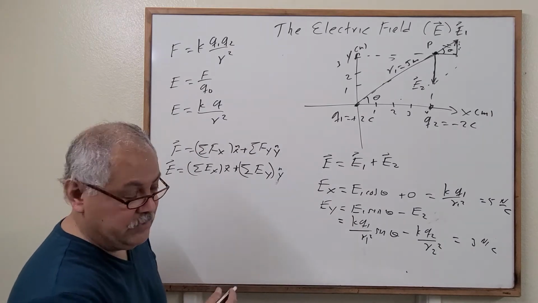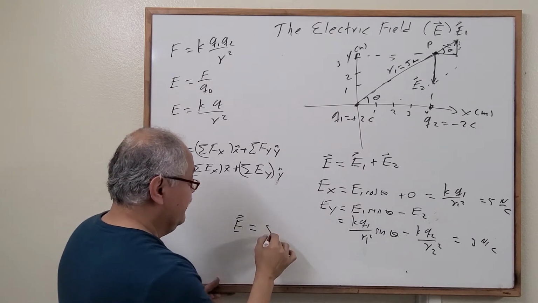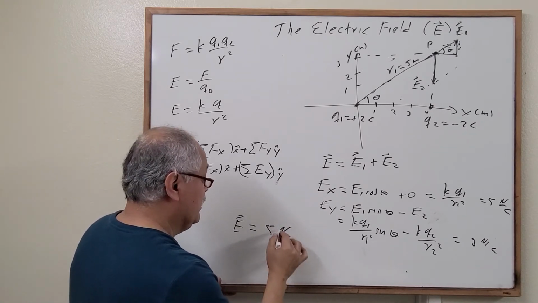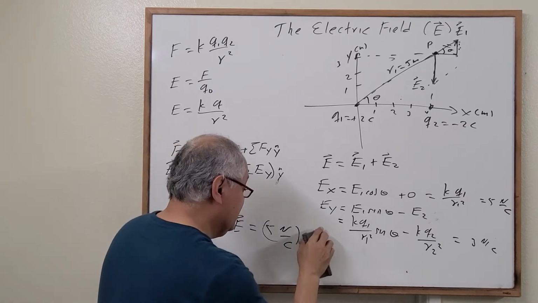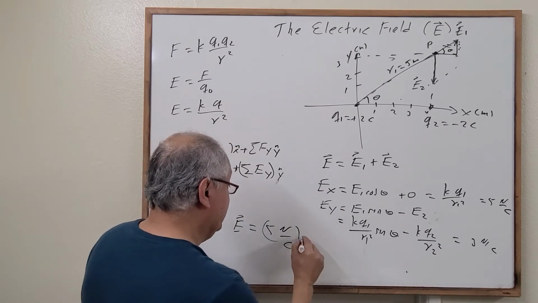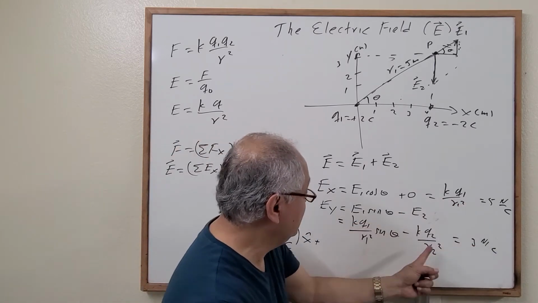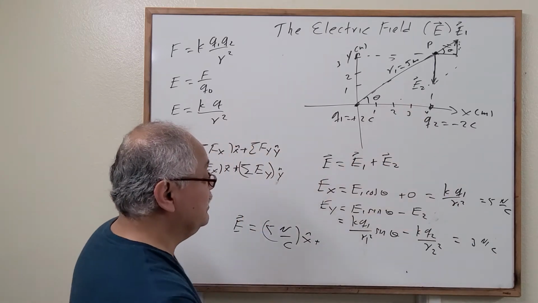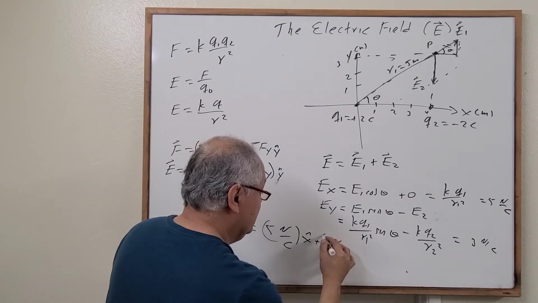Using the vector notation, the electric field as a vector is going to be 5 newtons per coulomb, right? X hat, right? X hat plus what? Imagine this is correct. Again, you have to substitute the values from here to find the right answer. 3 newtons per coulomb, right?